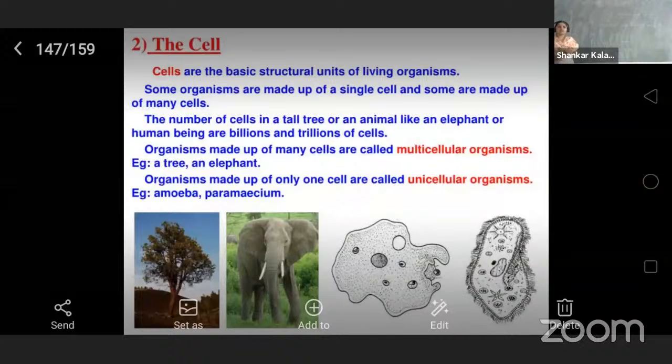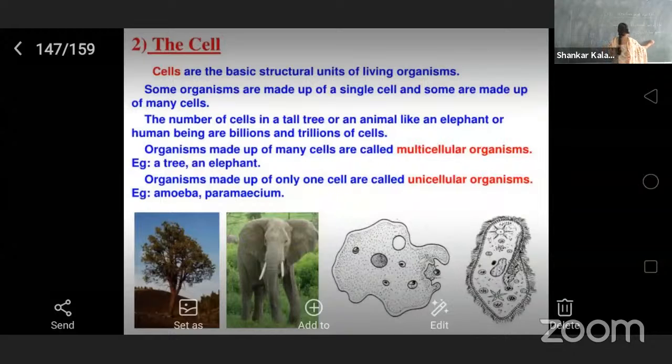Now you understood that organisms which are made up of many cells, we call multicellular organisms. So living organisms which have more cells in their body are multicellular, and unicellular means organisms which have only one cell.